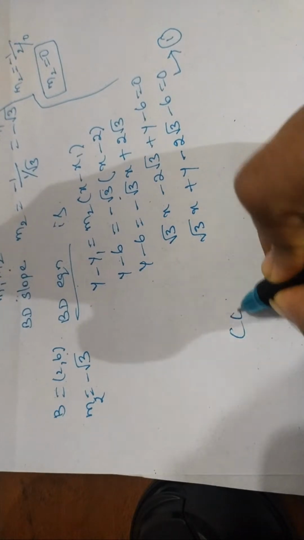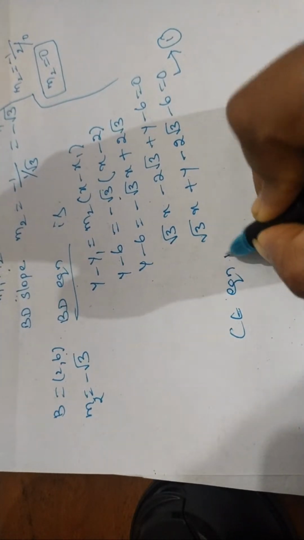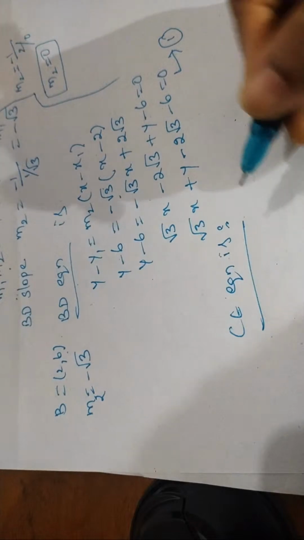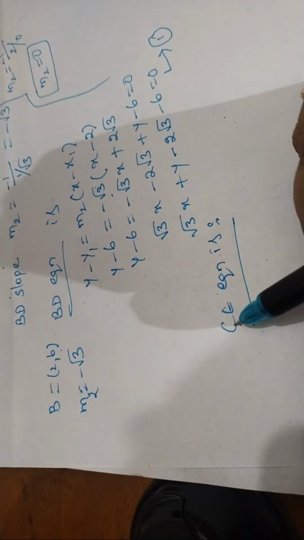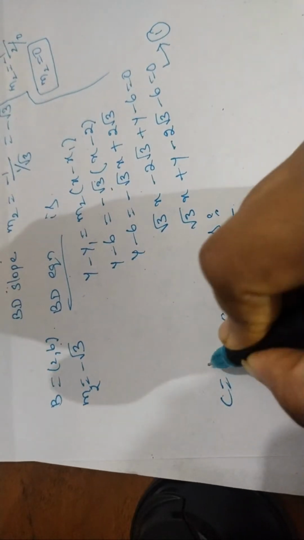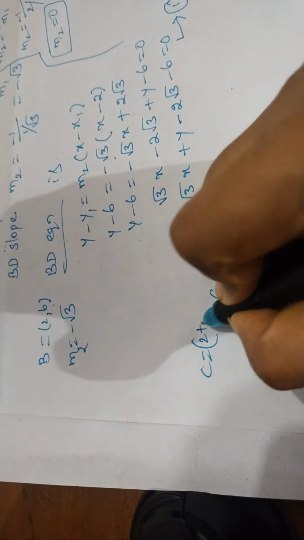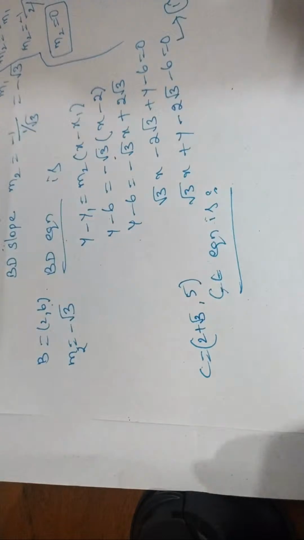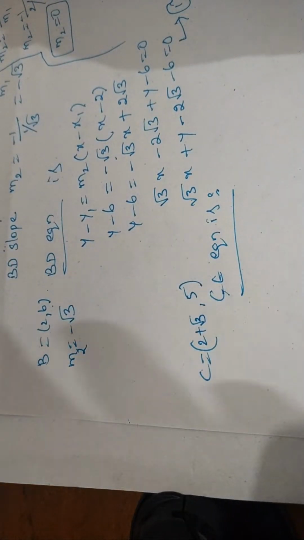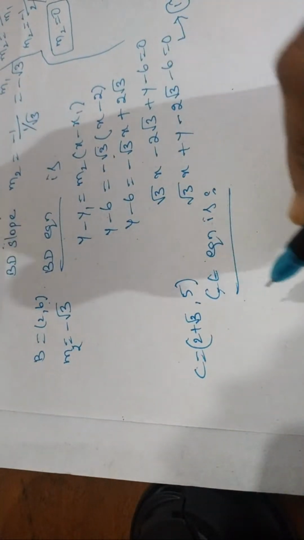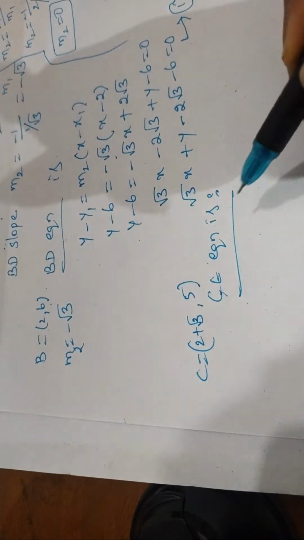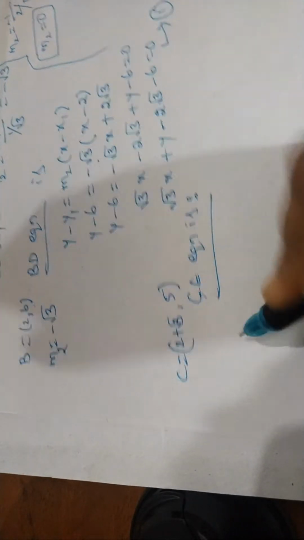Now find the CE equation. I told you, here we know only the C point. What is the C point? 2 plus root 3 comma 5. So this, 2 plus root 3 comma 5, is the C point. We know only the C point, we don't know the E point. And one more thing, we know the slope of CE also.